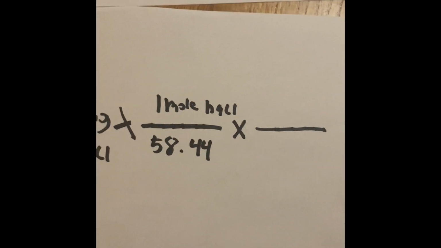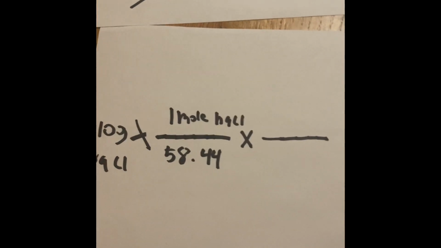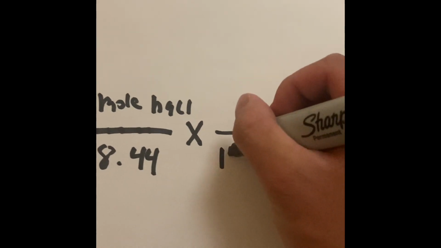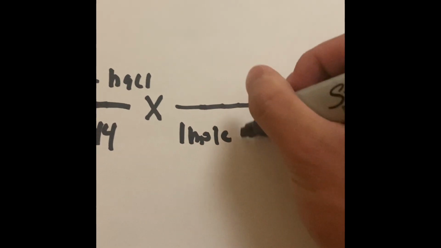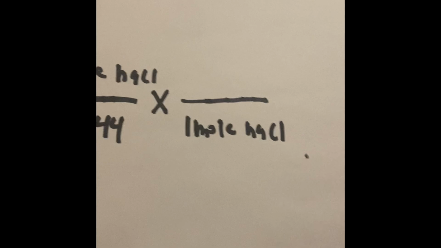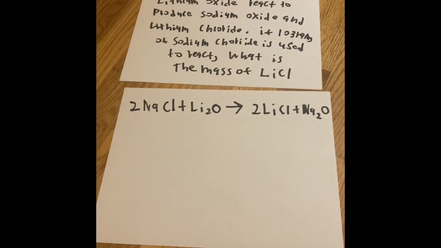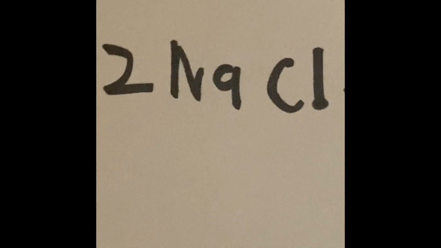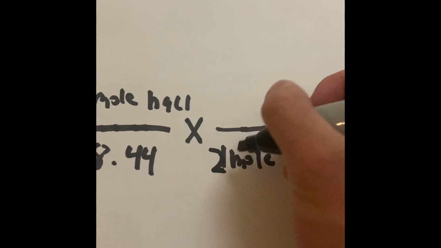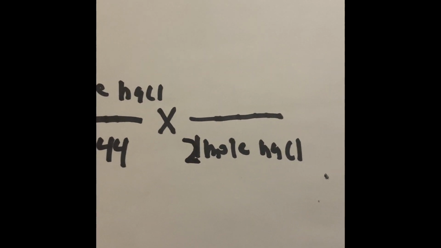Since we already have 1 mole of NaCl on the top, in order to cancel that out, we need NaCl on the bottom. However, it's not 1 mole. Going back to the balanced equation, if you take a look at NaCl, you'll notice there is a number 2 there. So we are going to have 2 moles of NaCl.